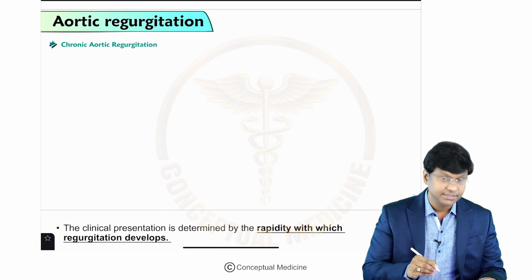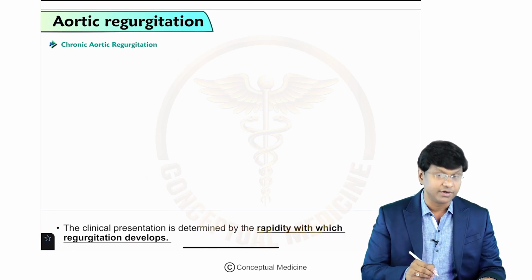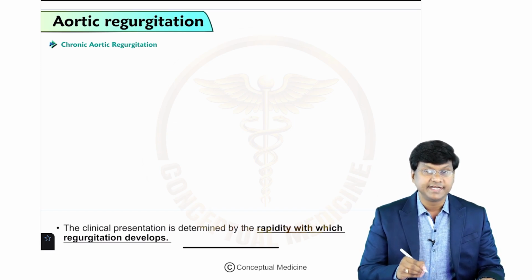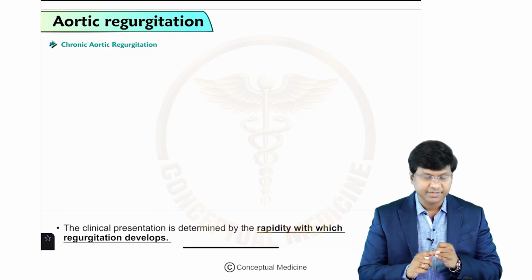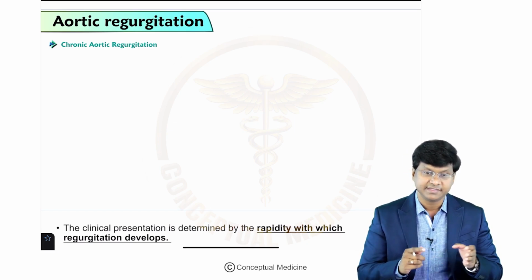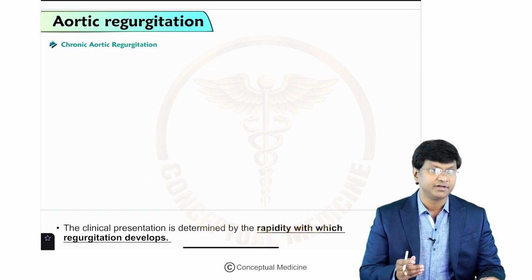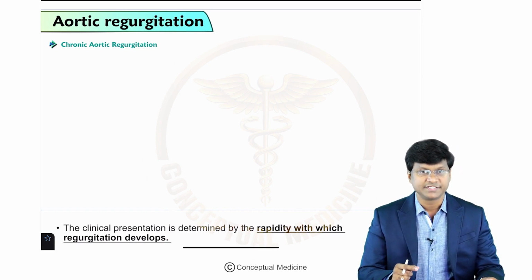See, the clinical presentation in case of chronic aortic regurgitation is determined by the rapidity with which the regurgitation develops. For example, if the regurgitation develops rapidly, then the individual will land up in acute left ventricular failure, acute pulmonary edema, and there will be rapid onset of dyspnea.